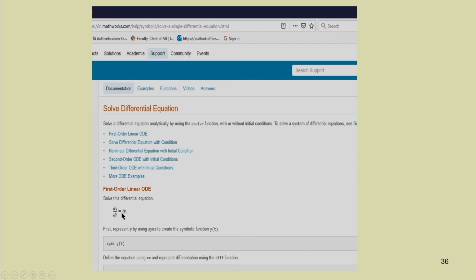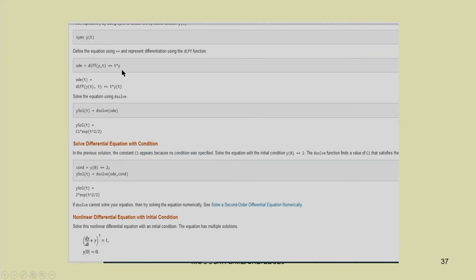Here you can write the symbolic y(t); syms represents the symbolic variable. If you are going to find the solution in a symbolic way, you have to use syms. Then you define this equation using the double equals sign.